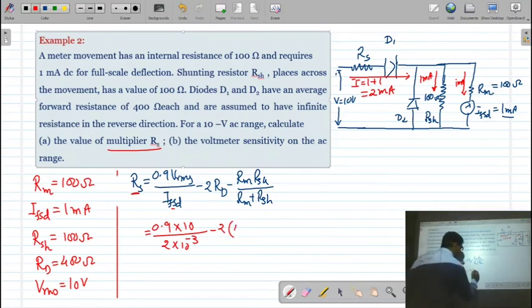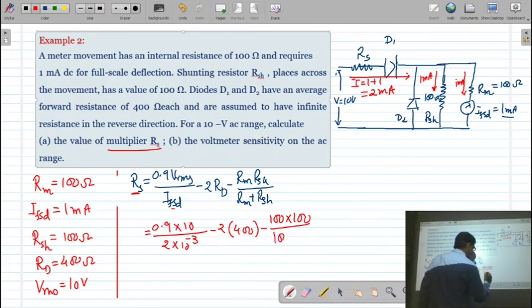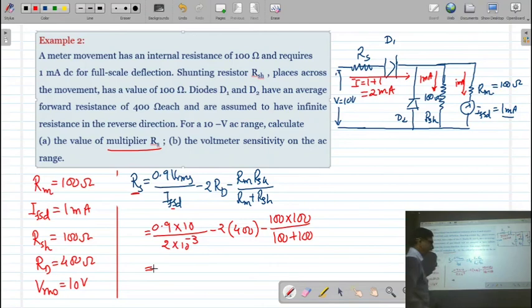It is 400 ohm, minus Rm into RSH, so 100 into 100 divided by 100 plus 100. If you calculate this, it comes out to be 1800. The required value of the multiplier is 1800 ohm.